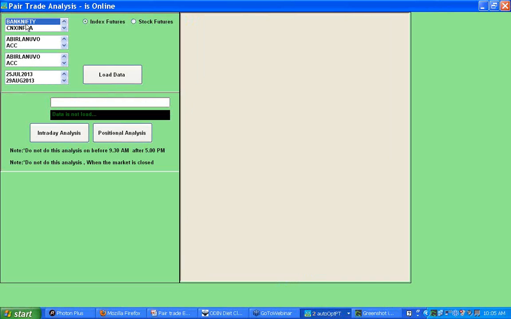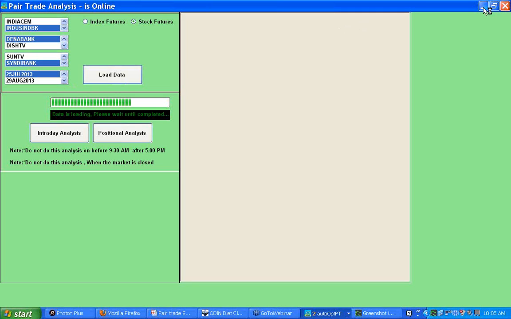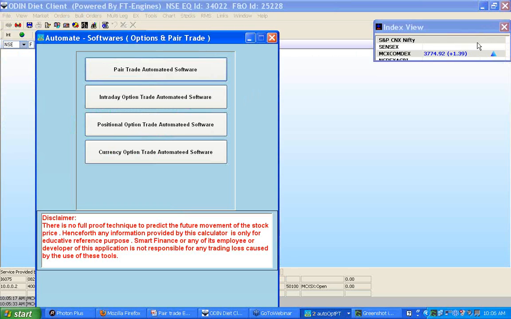Suppose I'm taking IndusInd Bank, and then Dena Bank, and then the Syndicate Bank. 25th July. Let us see whether the data is properly loading or not. I have to check my connectivity. I think there are some issues with my connectivity. I'll check it. Don't worry about that.